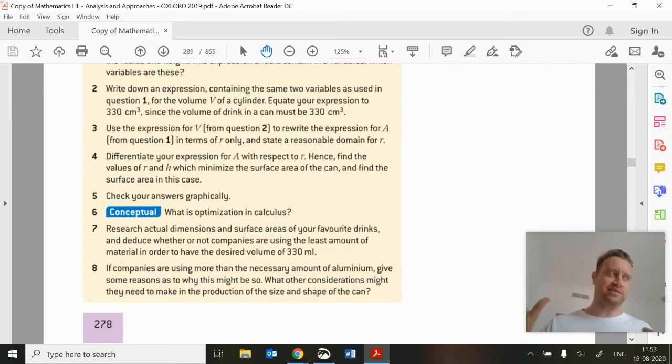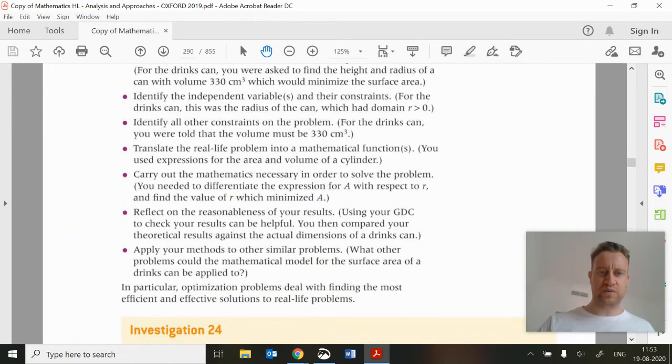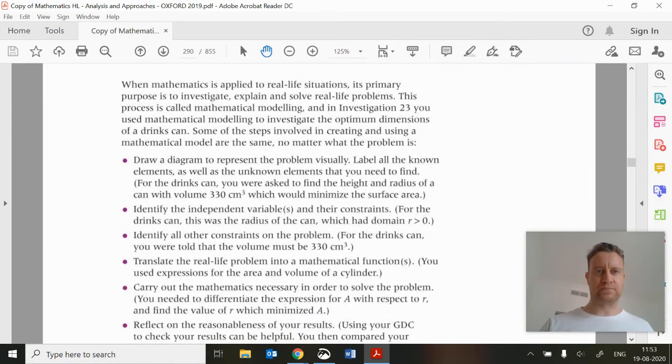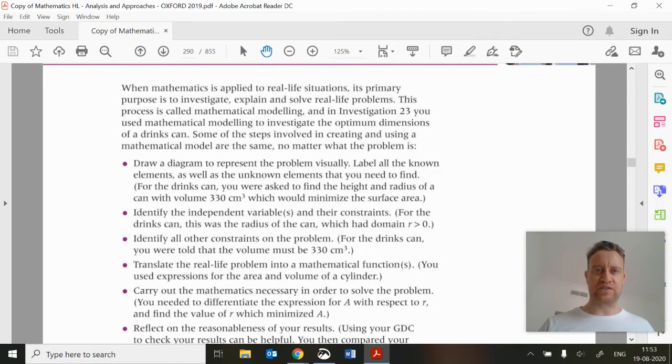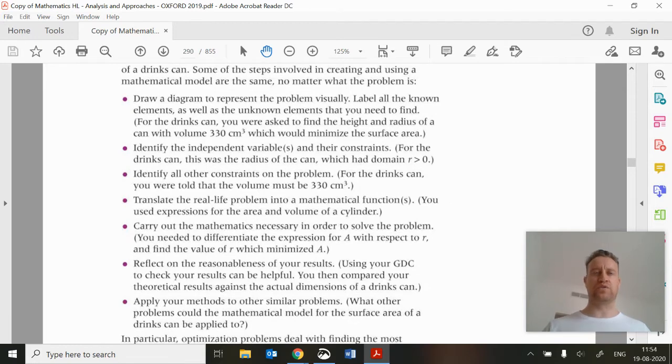Obviously, those are a couple of big areas of the course, and you're going to hit a lot of ideas which are commensurate with the level of the course, right? So these questions where they say, when mathematics is explained or applied to real life situations, its primary purpose is to investigate, explain, and solve real life problems. Okay, now they're talking about how to do modeling.